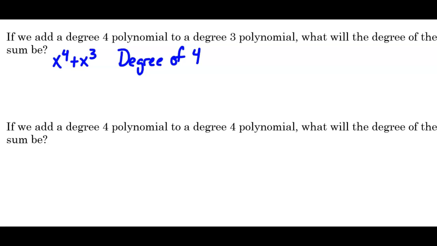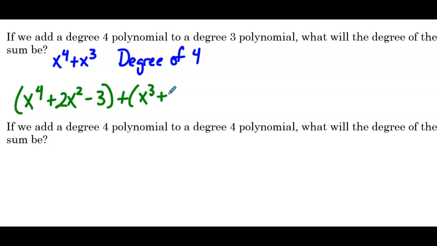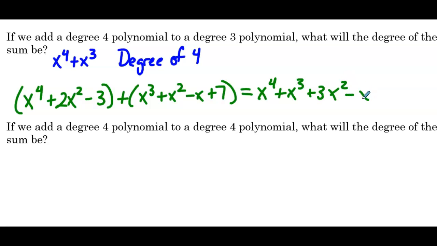So if I look at a more complex example, let's say I have x to the 4th plus 2x squared minus 3, and I'm adding that to x cubed plus x squared minus x plus 7, that's going to result in x to the 4th plus x cubed plus 3x squared minus x plus 4.